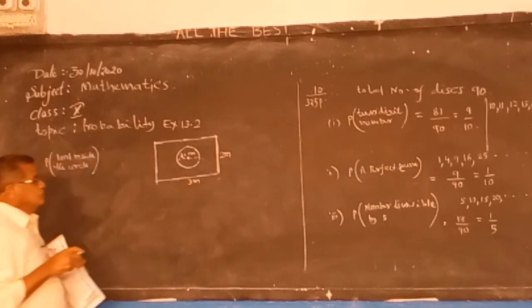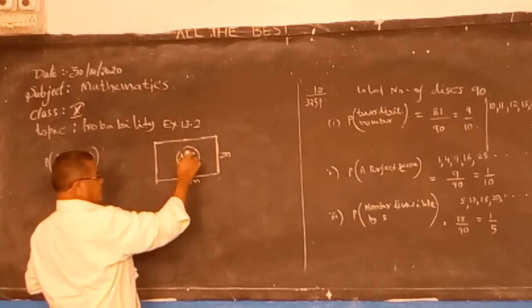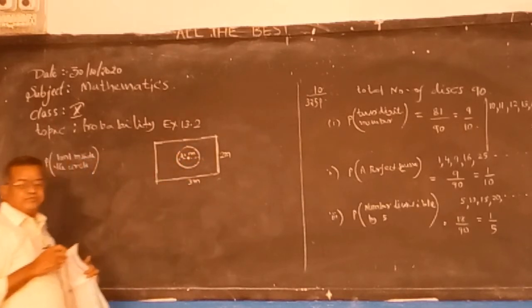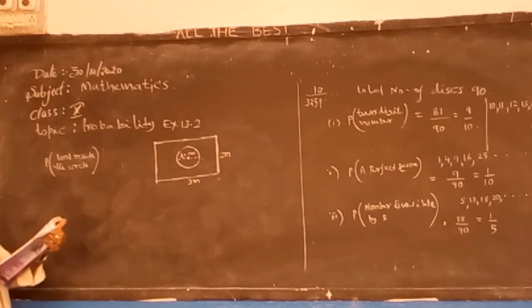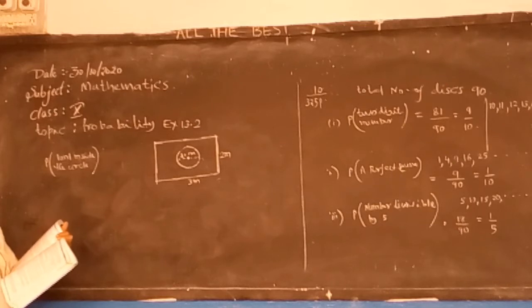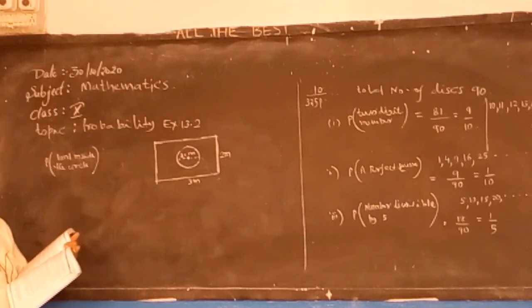Probability is the area of the circle divided by the area of the rectangle. We know the area of a circle is pi r squared, which with diameter is pi d squared by 4. Next, the area of the rectangle.